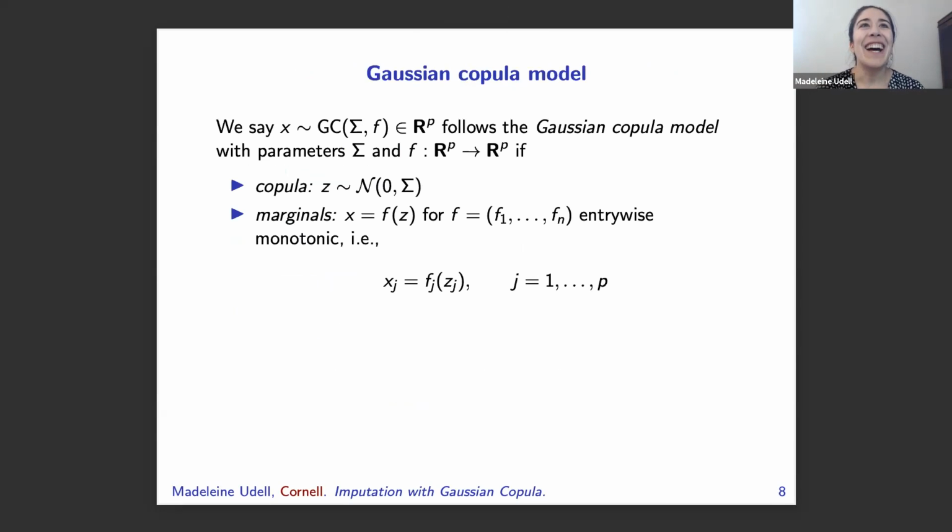We say that a data vector X, think of this like a row of our data table, follows the Gaussian Copula model with correlation matrix sigma and marginals F if there exists a latent vector Z that's distributed like a normal random vector with mean 0 and correlation matrix sigma.